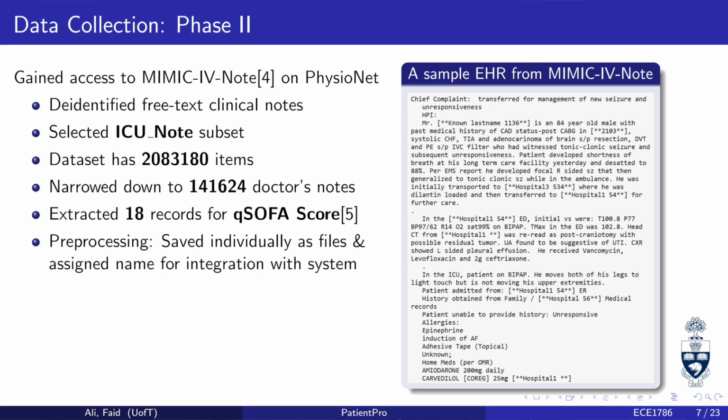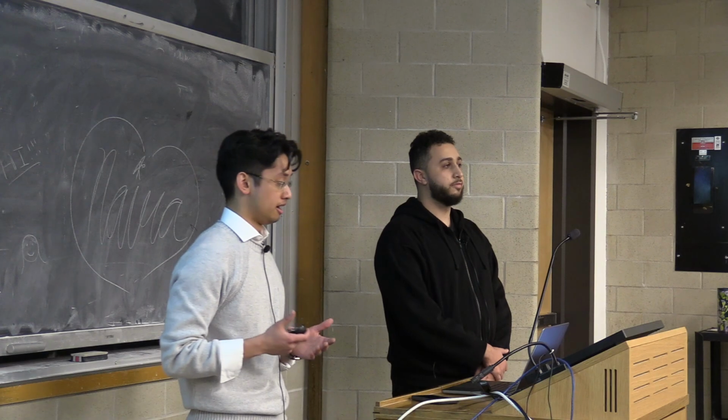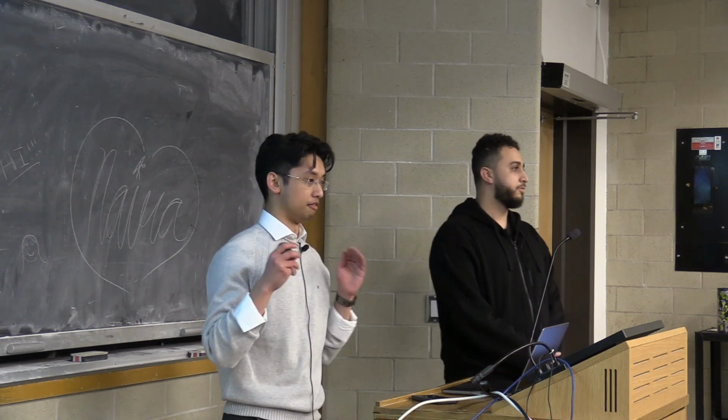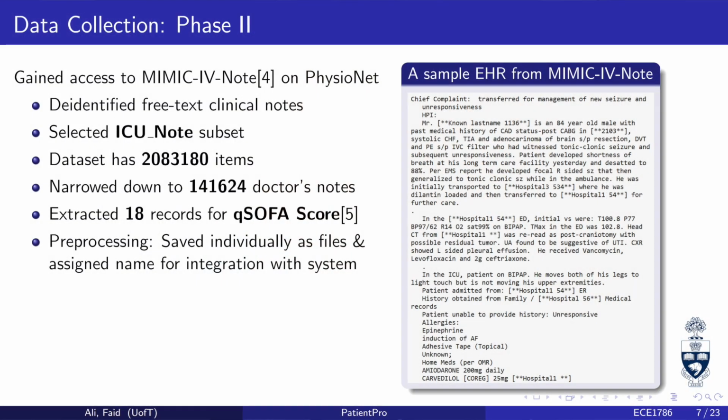Eventually we gained access to MIMIC-IV-Note, which is a huge data set on PhysioNet, consisting of de-identified free text clinical notes. Of that big set, there's an ICU note subset, which is about 2 million items, and 140,000 of them are doctor's notes. We extracted 18 records from those for our qSOFA score, which we'll talk about in a sec, and that was our test set.